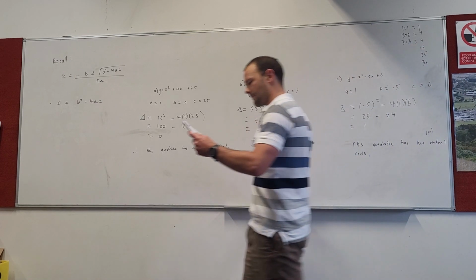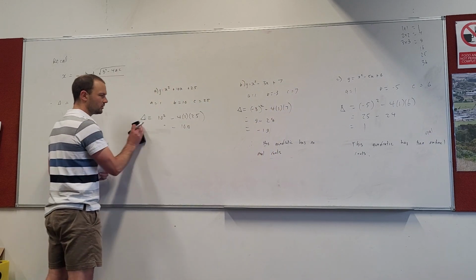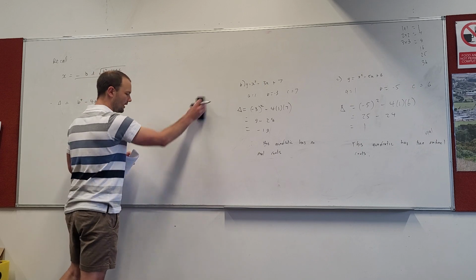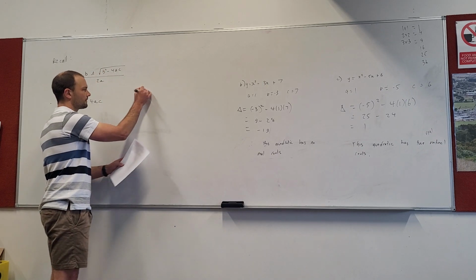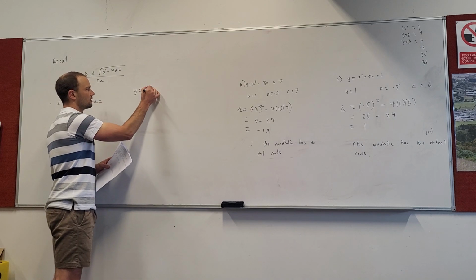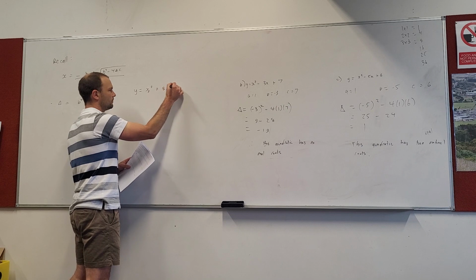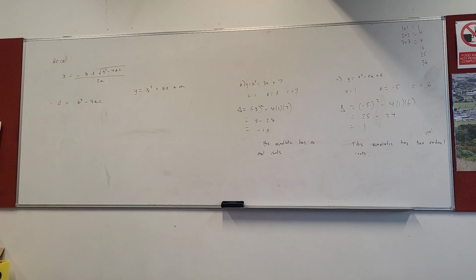All right, let's have a look at question 2. So hopefully in question 1, you're just crunching the formula, looking at the dot point. What is it that pops up? In question 2, we have some quadratic x squared plus 8x plus m. And we're not told the value of m, but we're going to change the value of m and determine how this affects the discriminant.